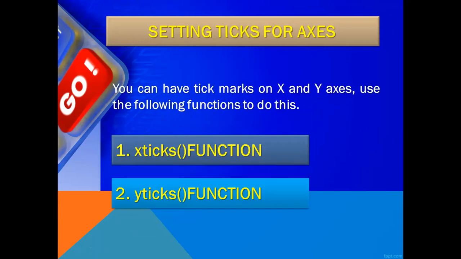Also, you can set the ticks for an axis. How to set them? You can have tick marks on the x and y axis. Use the following functions: xticks and yticks. Two functions can be used, xticks and yticks.